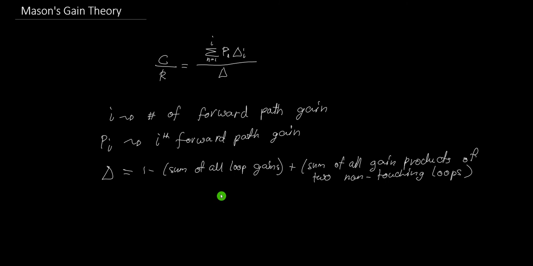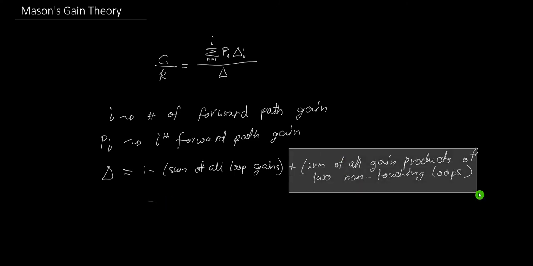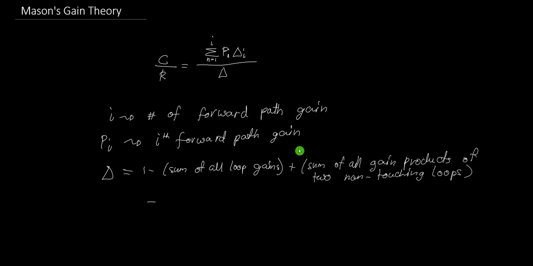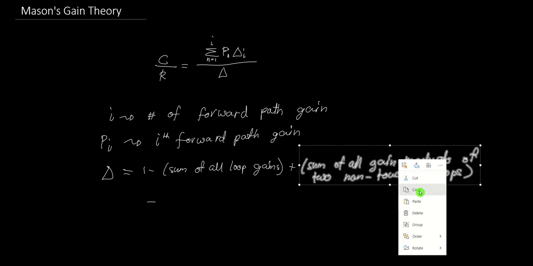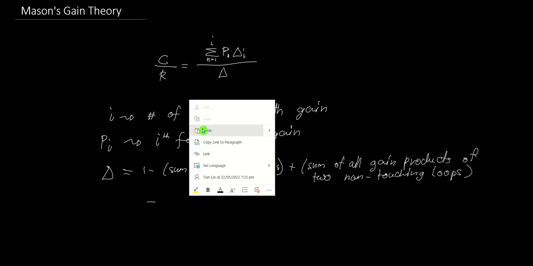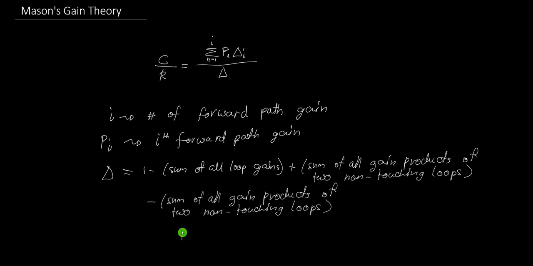The next one will be minus, and instead of 2, the next one will be 3, if it's possible that there are 3 non-touching loops. So you do that again, but this time with 3 non-touching loops. And so on, plus dot, dot, dot, until all possible non-touching loops are covered.